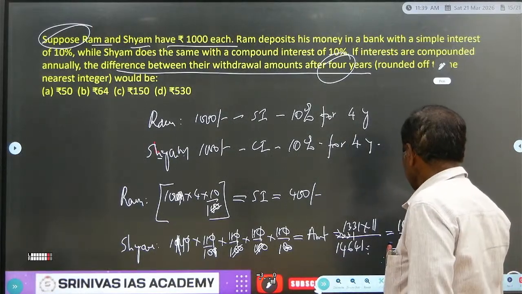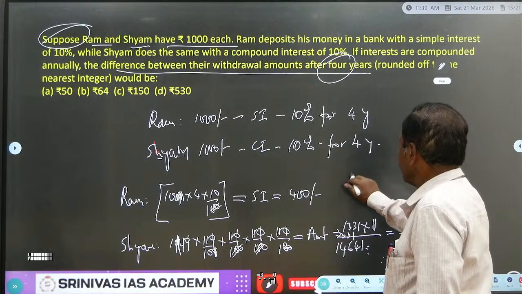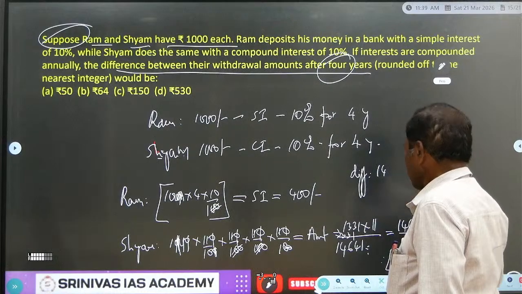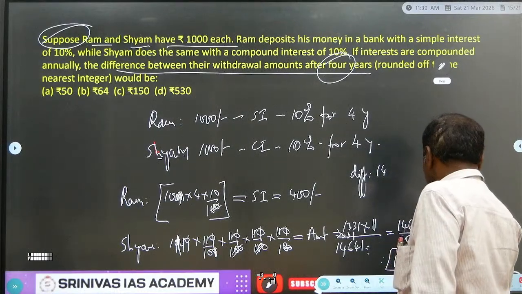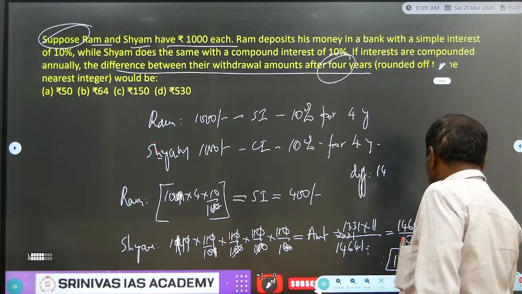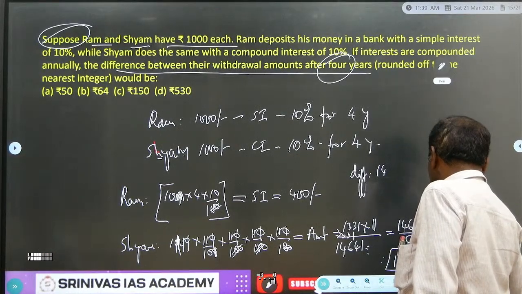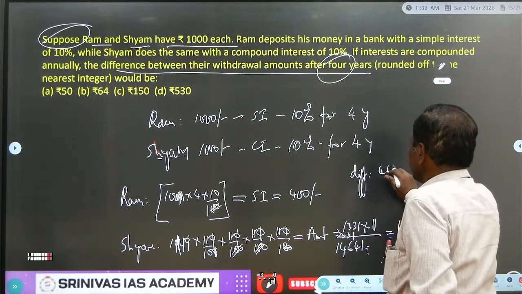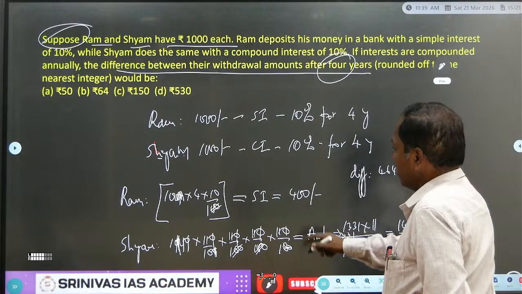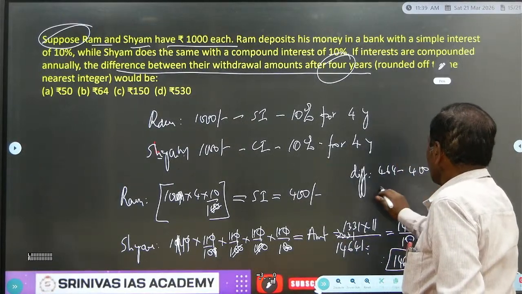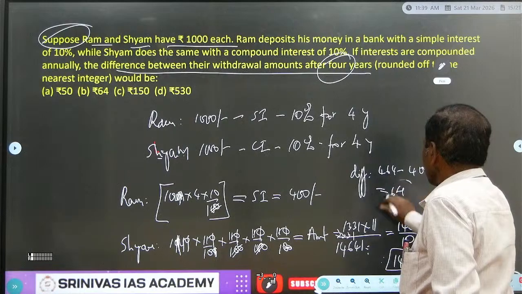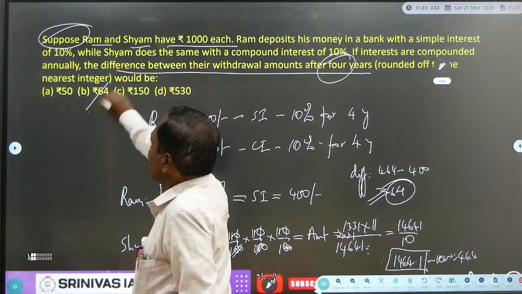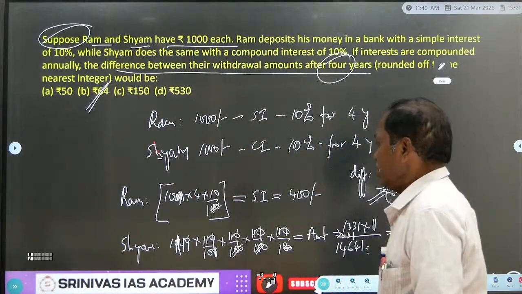The difference, rounded to the next integer, you can say. The difference between this is what? 1,464 minus 1,000 gives 464. 464 minus this money, 400, is 64. Right. 64. Option B. Right. Option B.